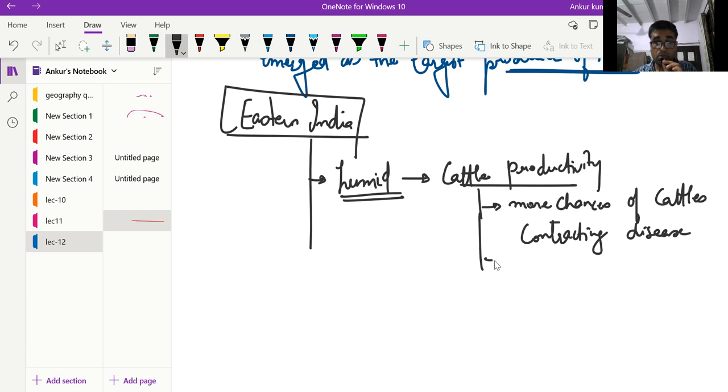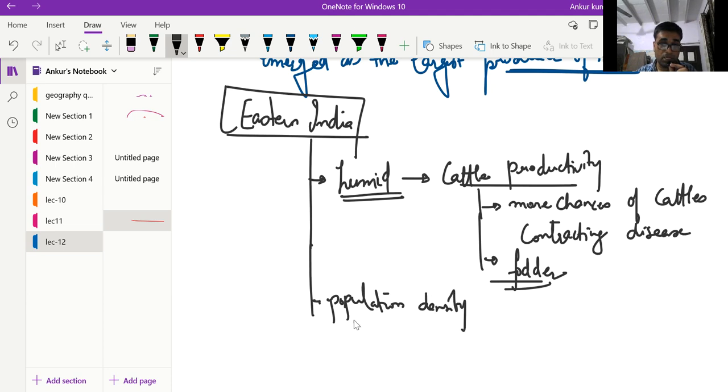This is the number one problem. Number two is with regard to fodder. The fodder quality in humid regions is also very poor.